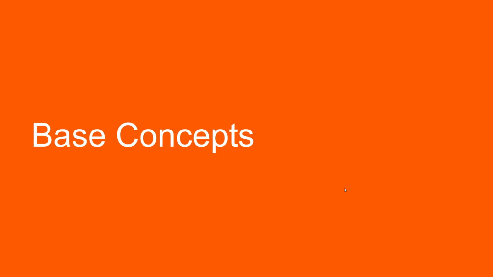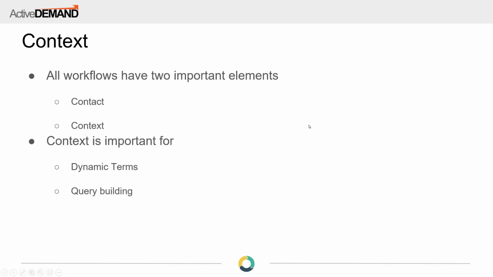Now I'm going to talk about some base concepts that apply to all workflows. And really, there's just some things you need to consider when using the workflow engine and using workflows. All workflows, regardless of where the workflow shows up, really it's processing some contact, right? So the two things that a workflow always has, it'll always have a contact and some specific context.